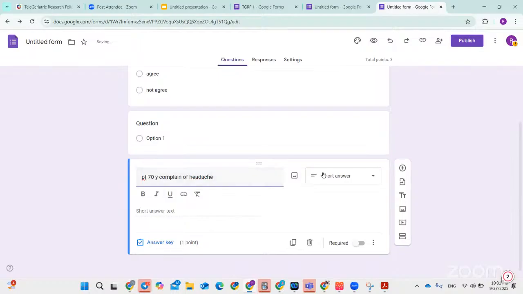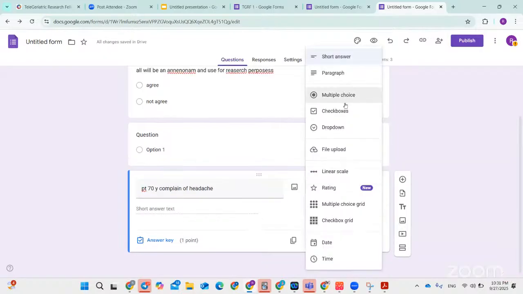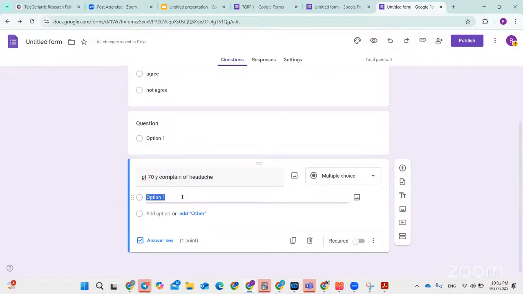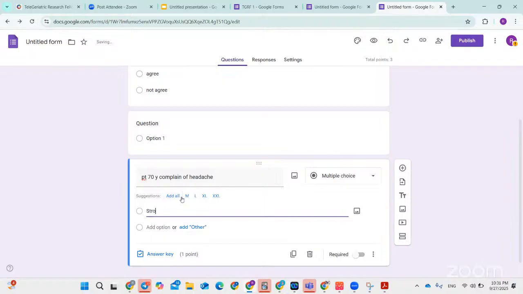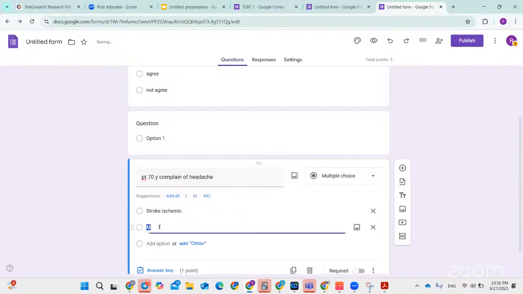And then you can add your choices, multiple choice. It is stroke, ischemic, or hemorrhagic stroke.